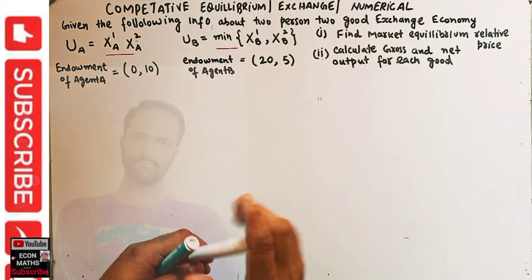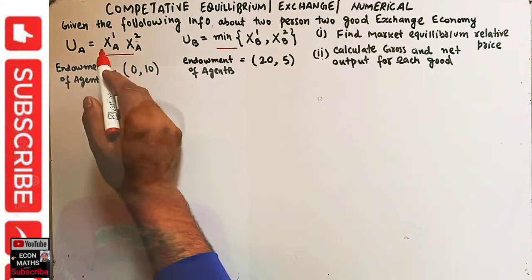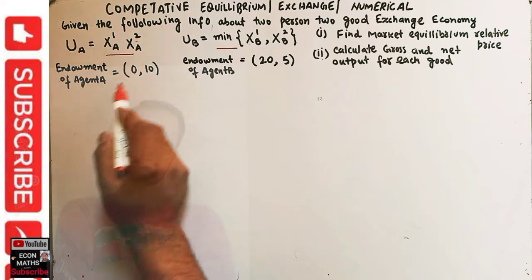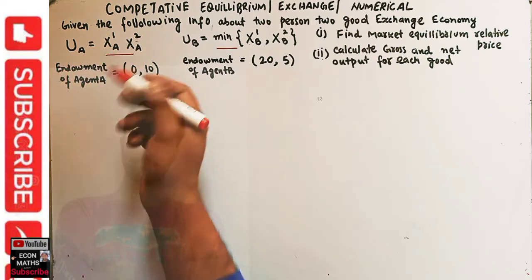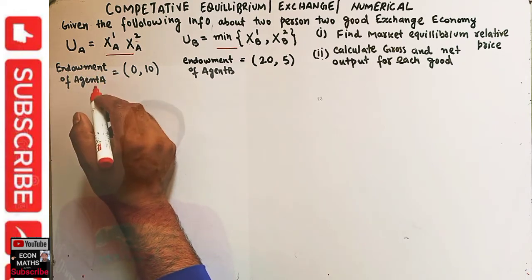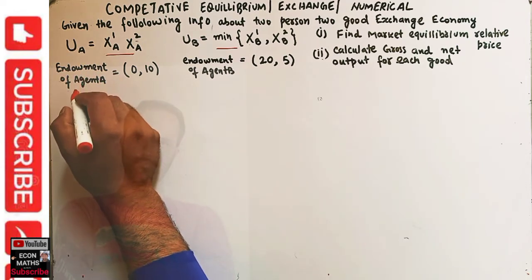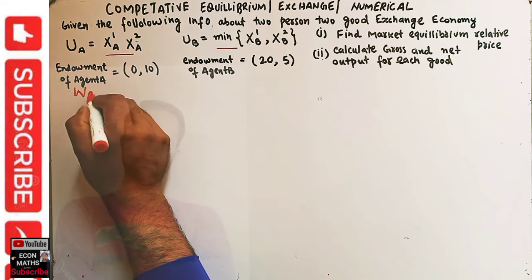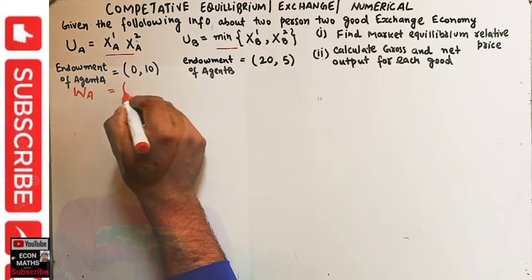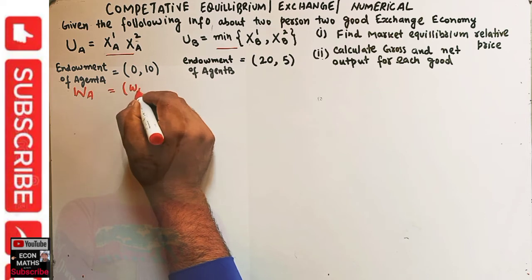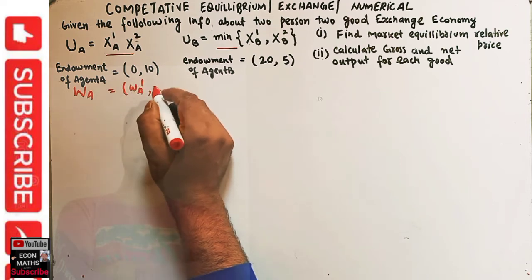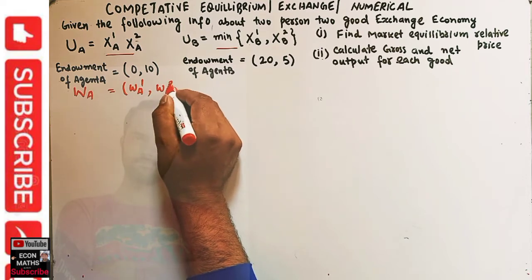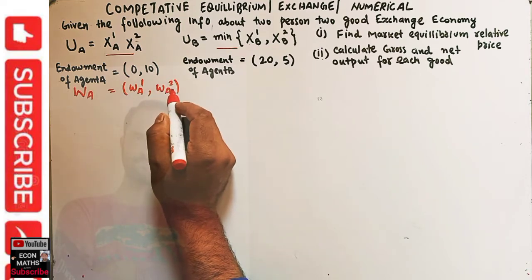The first step in solving this question is to find the income of person A. The endowment is denoted by this, so we can write W_A for the endowment of person A, equal to (WA1, WA2). WA1 is the units of good 1 person A has initially, and WA2 shows the units of good 2 person A has initially.